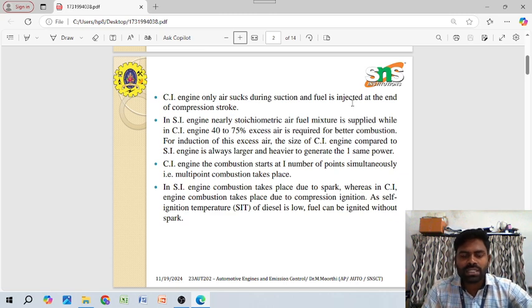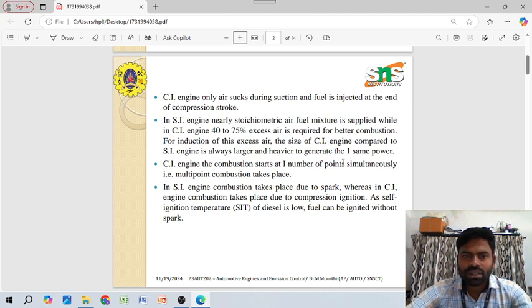In the SI engine, a nearly stoichiometric air-fuel mixture is supplied, while in the CI engine 40 to 75 percent excess air is required for better combustion. For induction of this excess air, the compression ignition engine is always larger and heavier than the SI engine to generate the same power output.